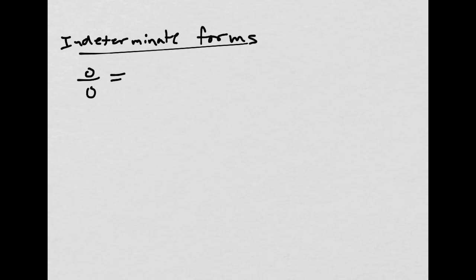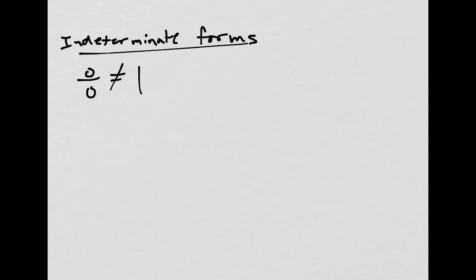This does not equal 1. If the bottom was just going to 0 and the top was not going to 0, that would be fine. But here, this is an indeterminate form, meaning we don't know what's happening. It's not really going to 1. It could be going to infinity. It could be going to 0 or something in between.